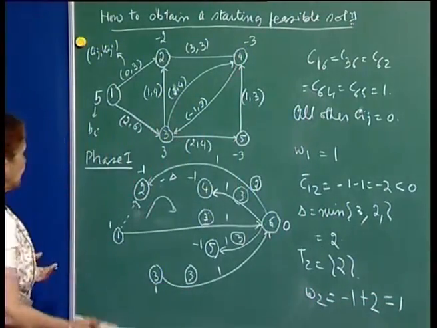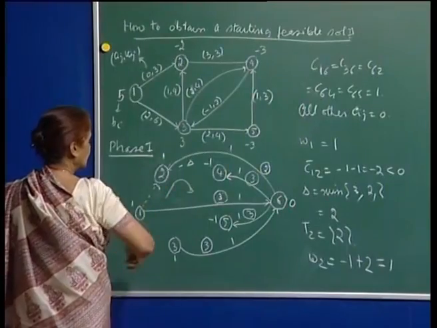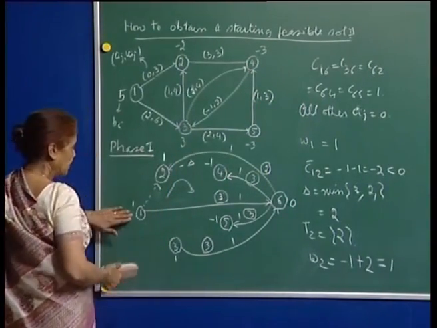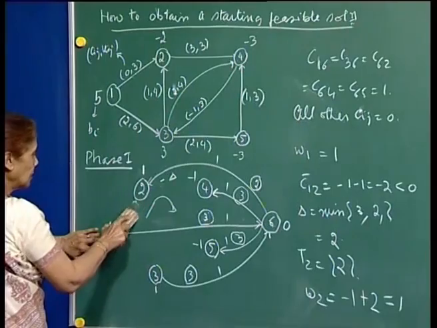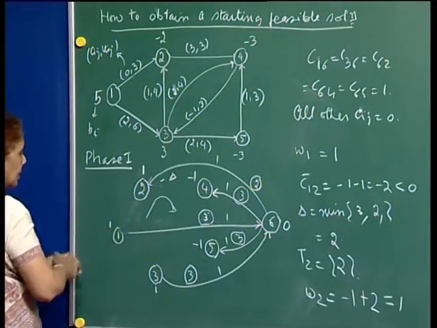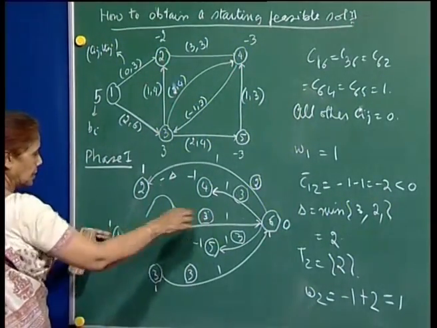So, the iteration is very quick. This is simply 1. This will remain 1, because this was part of T1.